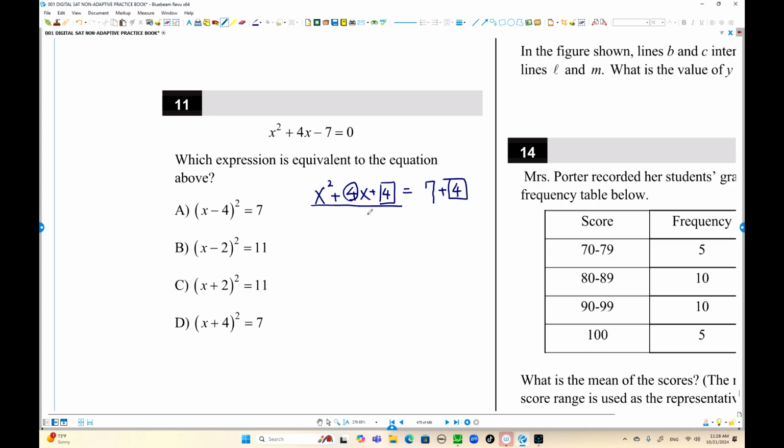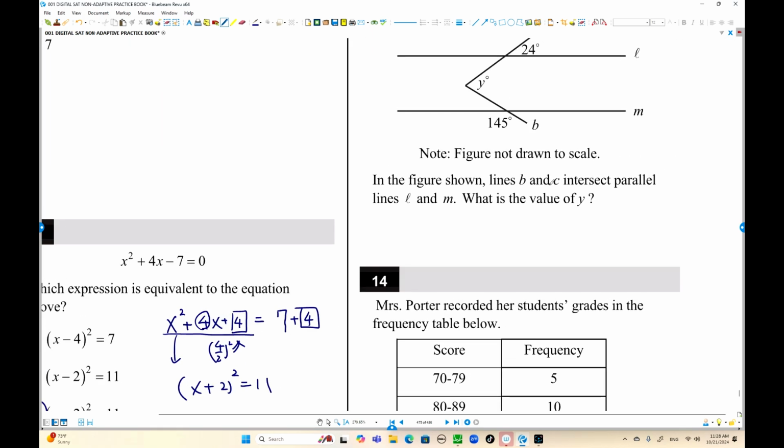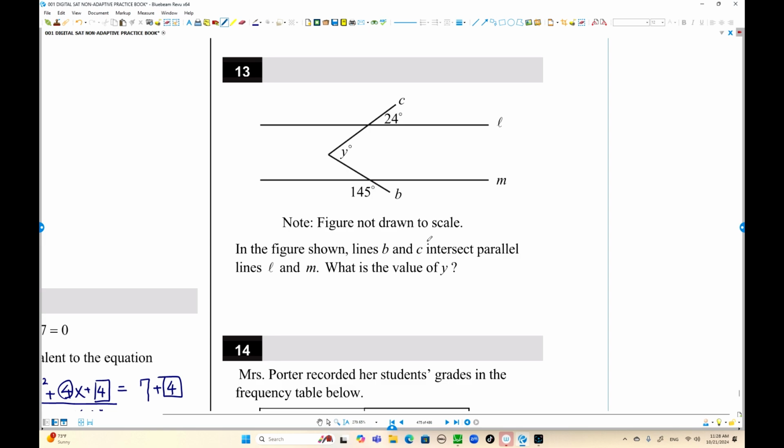Half of this number and square, right? That's the formula. So this is the perfect square trinomial replaced with the perfect square, (x + 2) squared equals 11. Yeah, we already got that over here, okay? The equivalent.